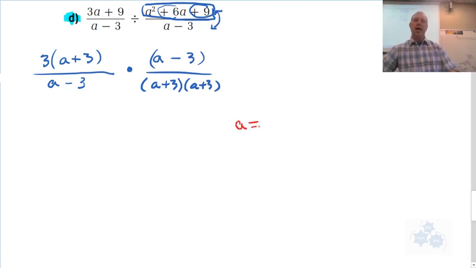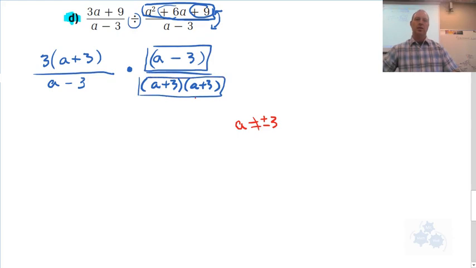So we see that a cannot equal, well, it can't equal a positive 3 over there. And over here, it can't equal a negative 3. So you could probably just go there, plus or minus 3. There's your restriction. Oh, but what else do we need to notice? I need to make sure I pay attention to this top one too, because this was a division.